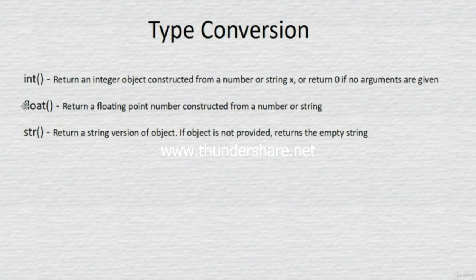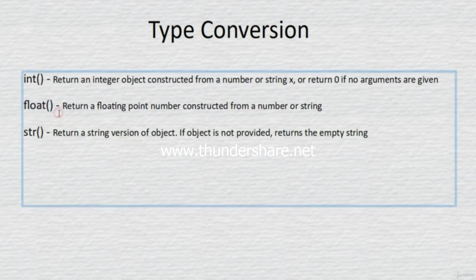If we want to convert a number from integer to float, use float. Now, if you want to convert a number to a string, you use the string method. We will not practice this at this point. I just want to give you the reference here for later use.